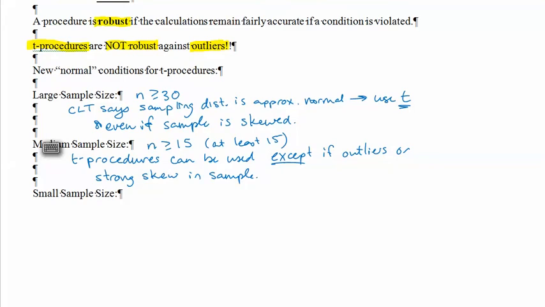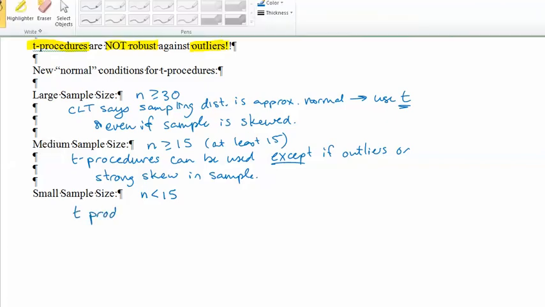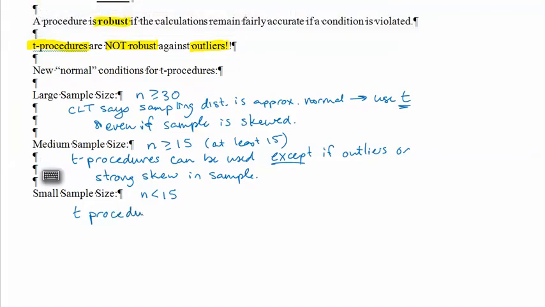And finally, for small sample size, in other words, where n is less than 15, we can still use the t procedure under conditions: if the data appears to be close to normal.